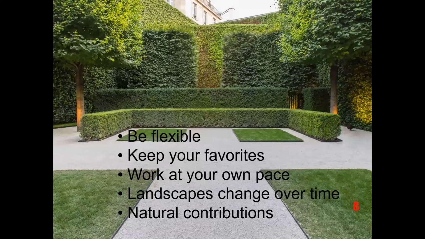Okay, this is an image of a design that couldn't be more rigid and controlled. But even taking a design like this, if you use your imagination and some flexibility, you could think about modifying this to make it a much more ecologically beneficial situation.